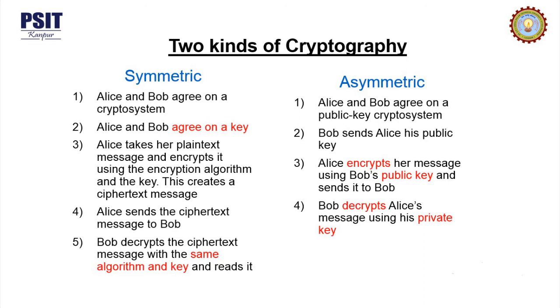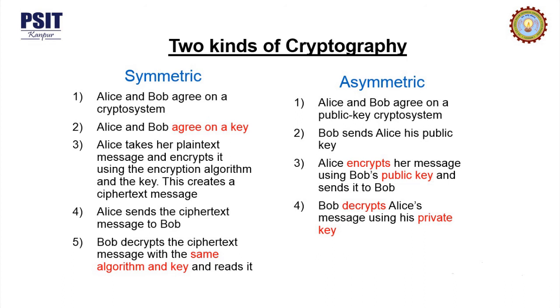This creates a ciphertext message. Alice sends the ciphertext message to Bob. Bob then decrypts the ciphertext with the same algorithm and key and reads it. Finally, he gets the plaintext that was sent by Alice.